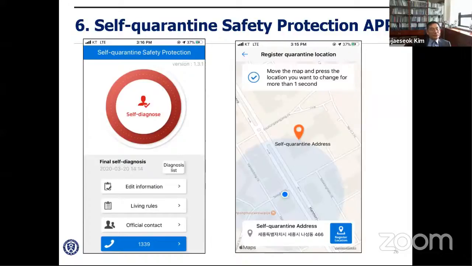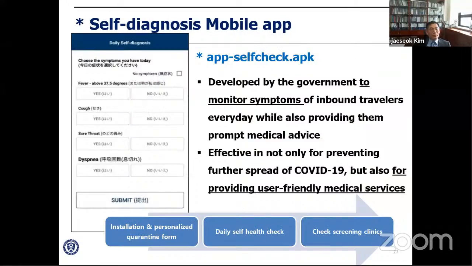This is a sample screen of this app. So, the self-quarantine safety protection app. Then you have to register your quarantine location when you arrive at the designated place. We also provide a self-diagnosis mobile app called Self-Check-Up app.